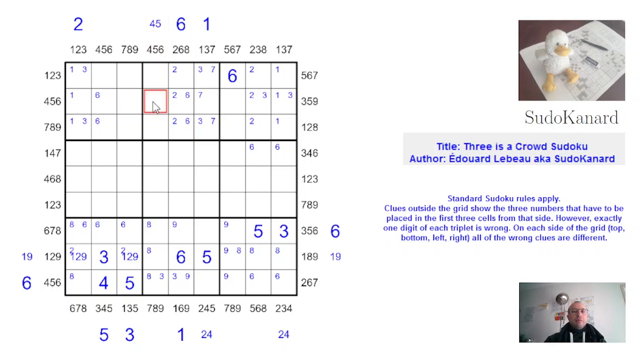And what did I do? Oh, I pencil marked a 6, where I should have pencil marked an 8. 8 is correct. 6 is correct in this area. And we can see from those that 8 will have to be here.